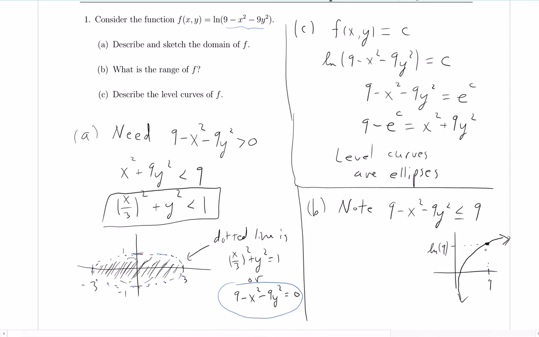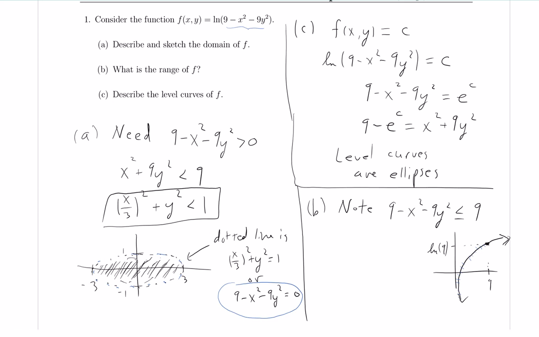So we're allowed to plug in things as close to 0 as we like, but not 0 itself. And the logarithm function has an asymptote here, and it dips down to negative infinity as you go to 0, so there's no lower bound as to what we can get out.